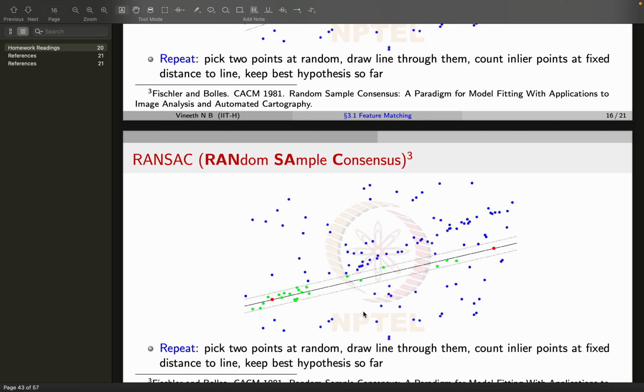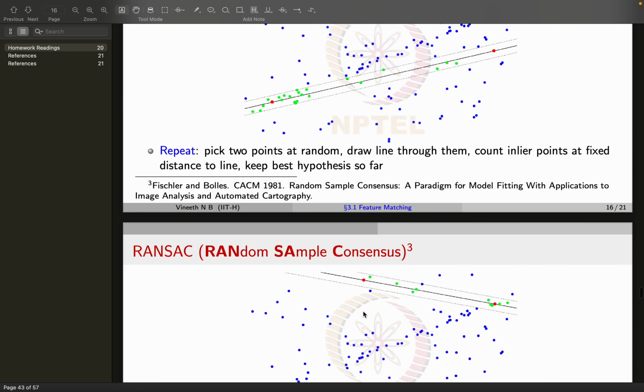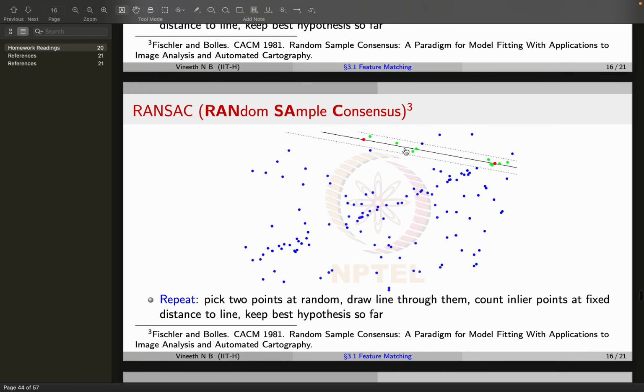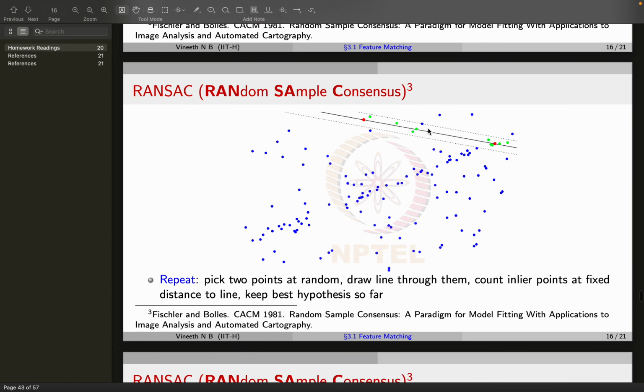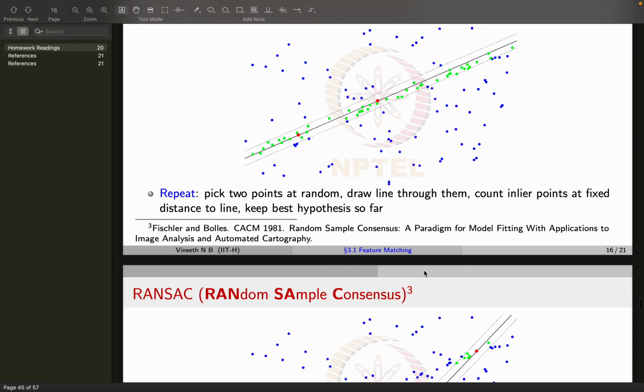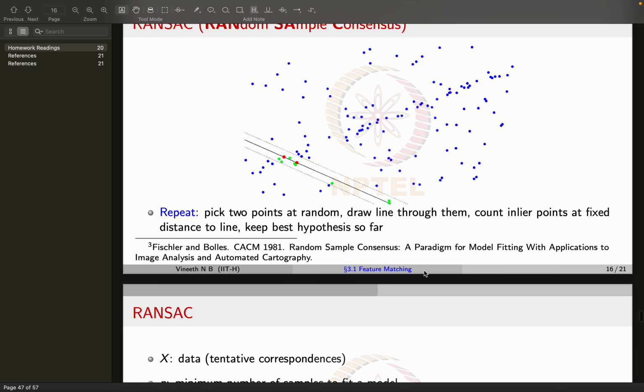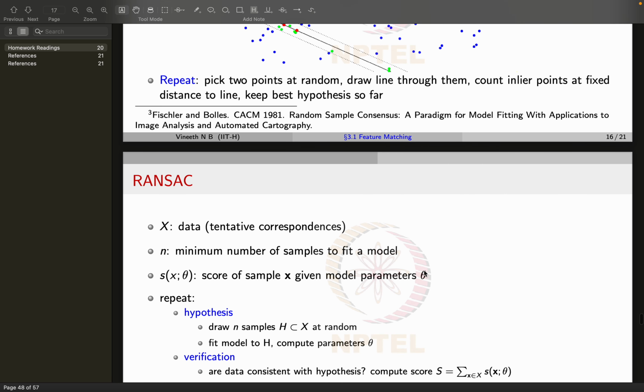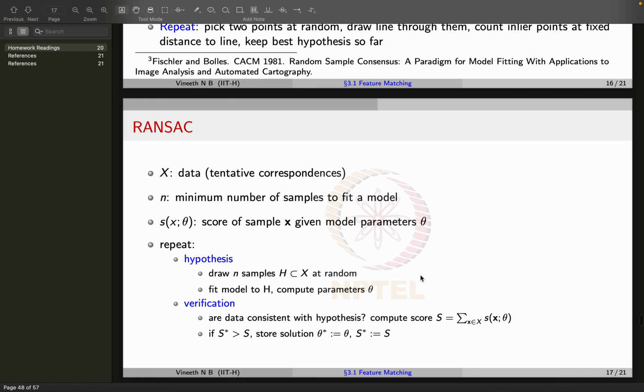You keep a threshold for the number of inliers, and once you reach that threshold, you assume that you have converged and got a good fit. You keep repeating this. This one is again a bad fit, so we keep the previous model parameters in such a case. Based on the number of inliers, you decide to stop.